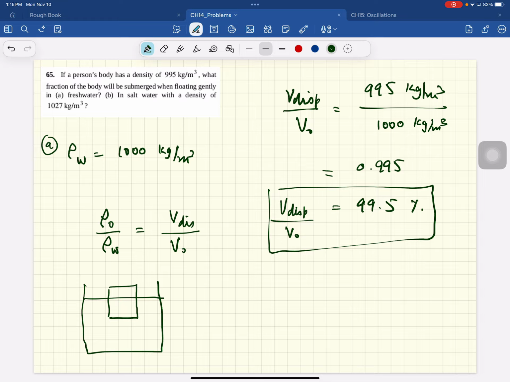What you can also do is, it turns out that you can take a deep breath, fill your lungs with air, and your density decreases, and your nose will stick out further. In salt water with a density of 1,027 kilograms per meter cube.